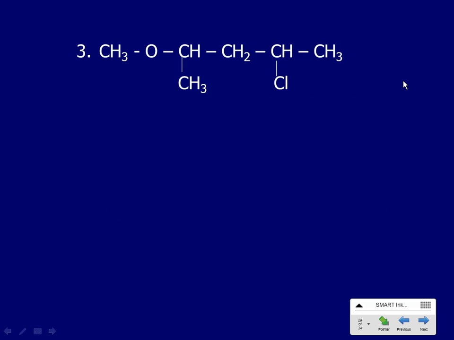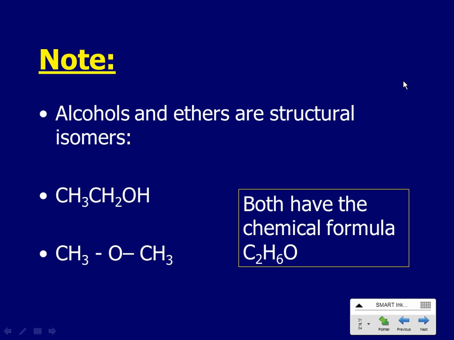So we talked about naming ethers, and let's talk a little bit about isomers. Essentially, because between an alcohol and an ether, we're simply changing the position of the O, then alcohols and ethers are structural isomers of each other.